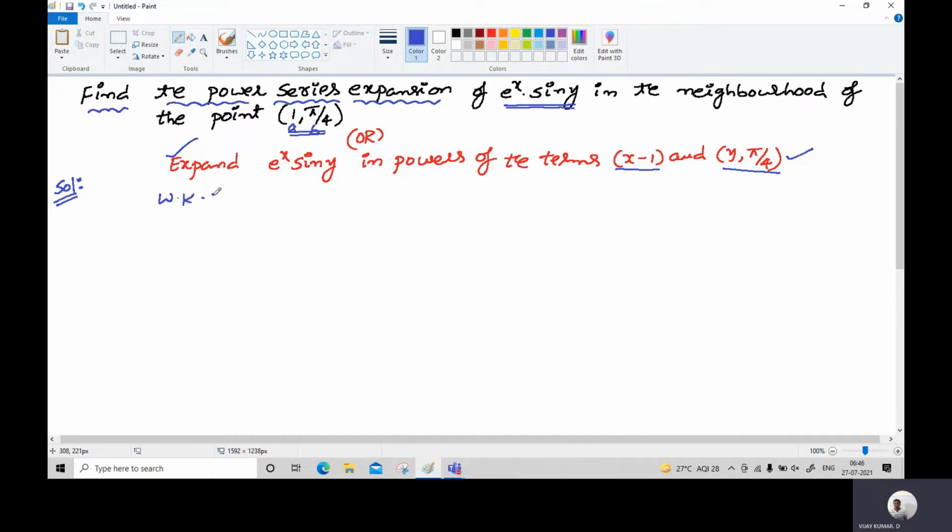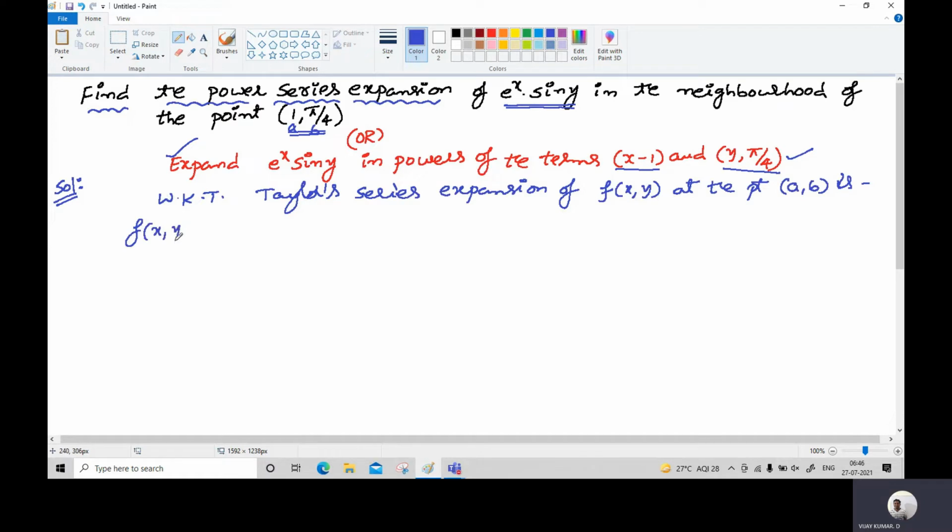Okay, we know that Taylor series expansion of f of x comma y at the point a comma b is f of x comma y is equal to very first term in the expansion is f at a comma b plus 1 by 1 factorial into x minus a into fx at a comma b, nothing but partial differentiation of f with respect to x at the point a comma b plus y minus b into fy at the point a comma b.